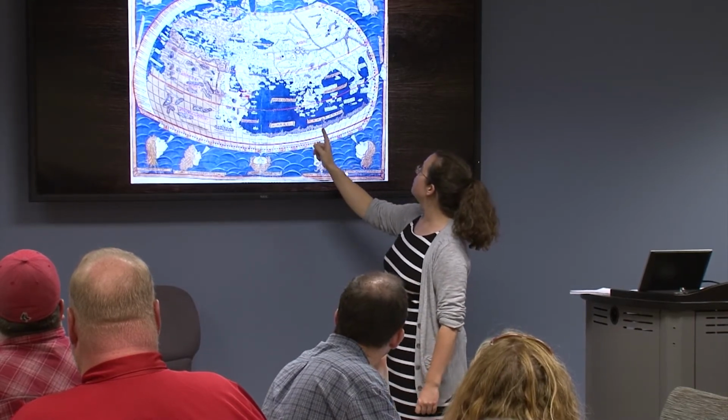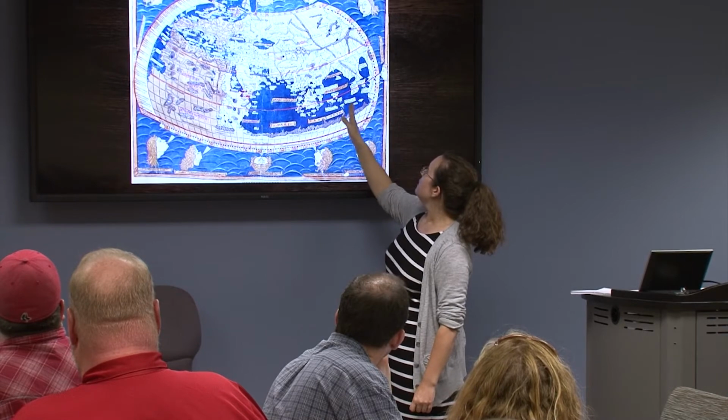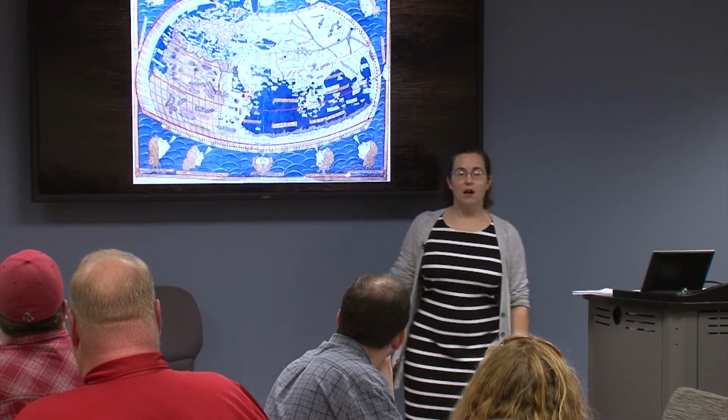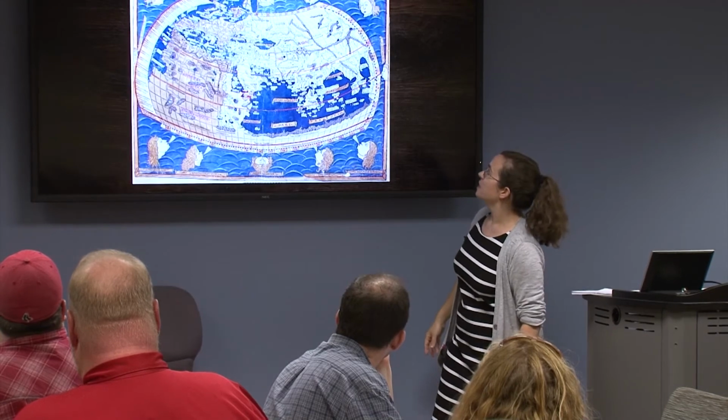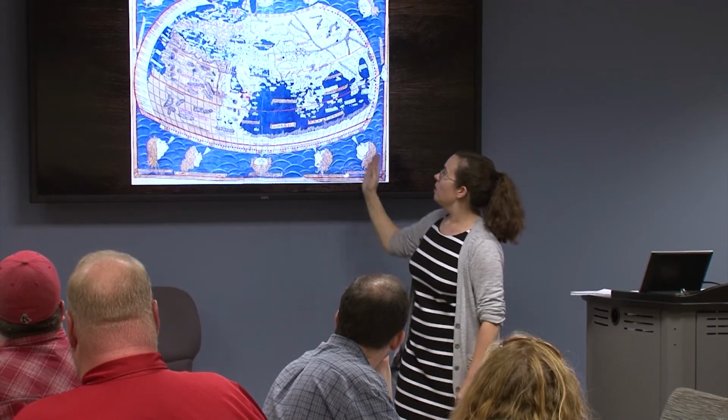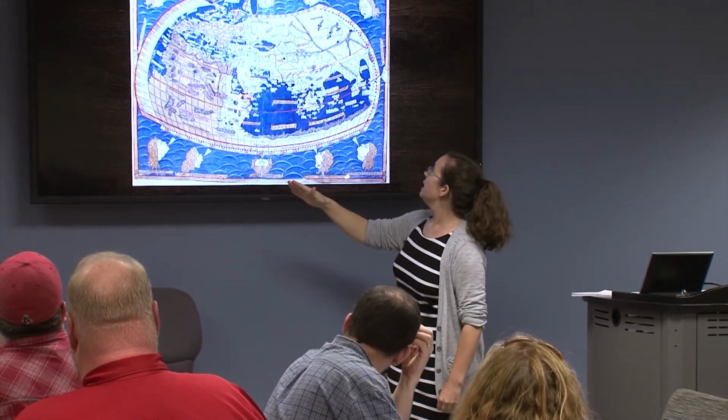India looks kind of funny. Southeast Asia, they have no idea about Australia yet. And so obviously the Atlantic Ocean is a sliver. The Pacific Ocean is pretty much non-existent. And of course, North and South America are nowhere to be found yet.